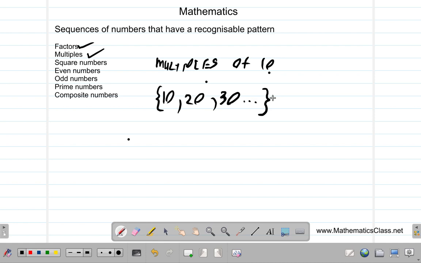A multiple of a number is either the same number or a bigger number that it can go into without leaving a remainder. Remember, the factors are either the same number or smaller numbers that can go into the number, but multiples are the same number or bigger numbers. You see? Make sure you see it.